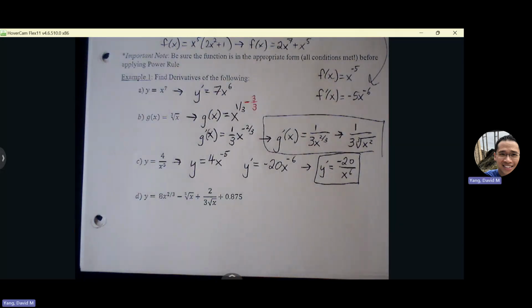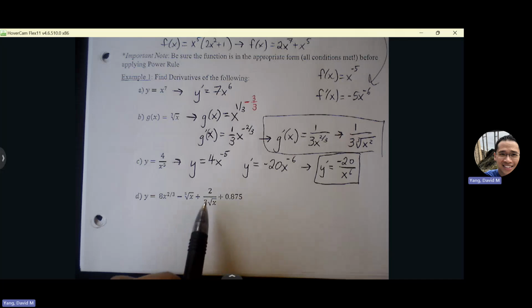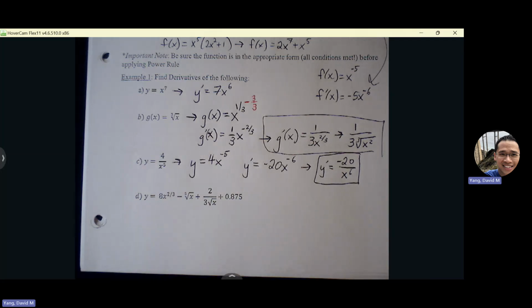All right, part D. Now here we have multiple terms, but there are no parentheses in the way, so we just have to treat these like individual problems that just happen to be separated by plus or minus.